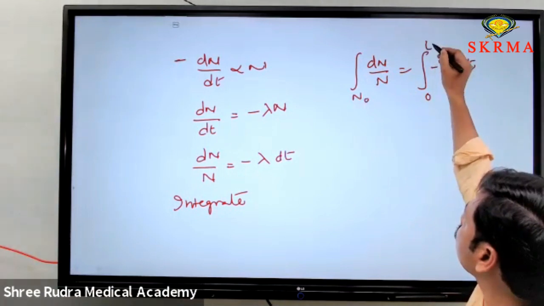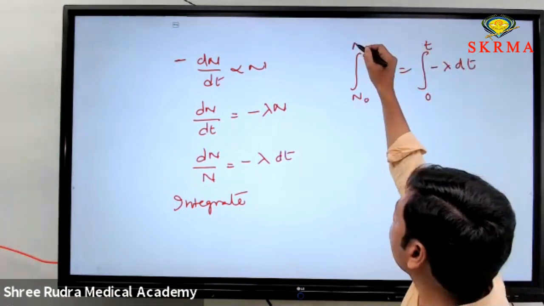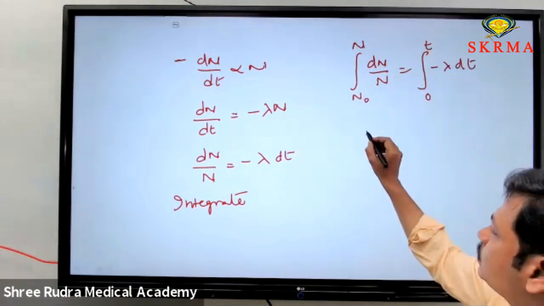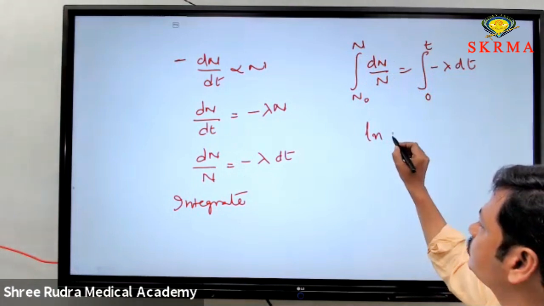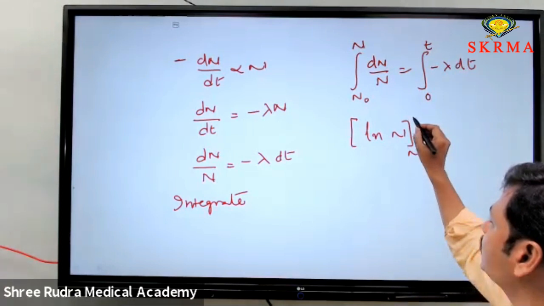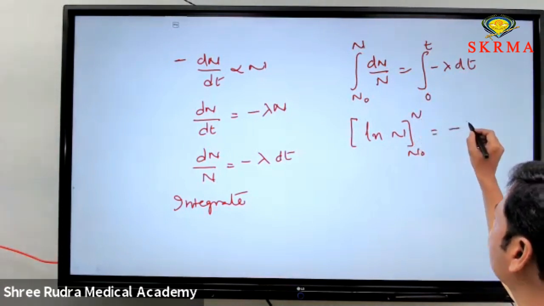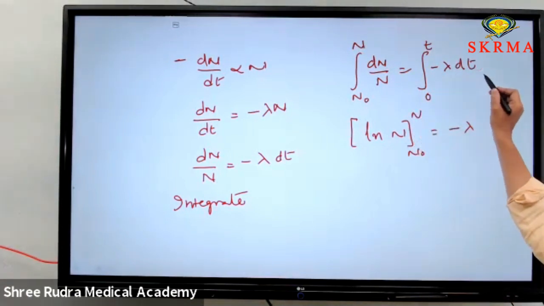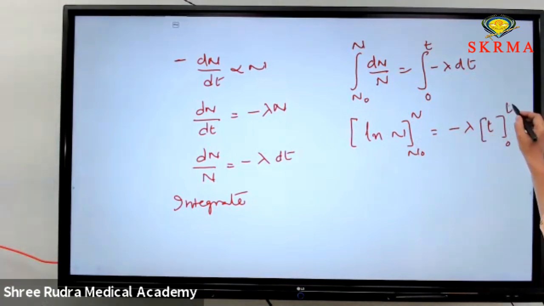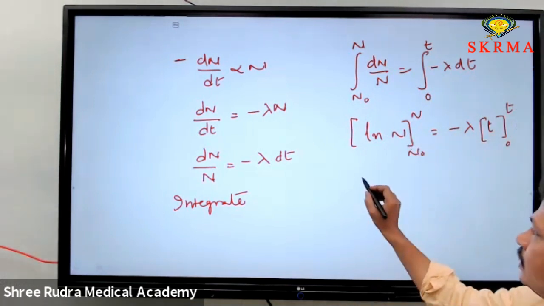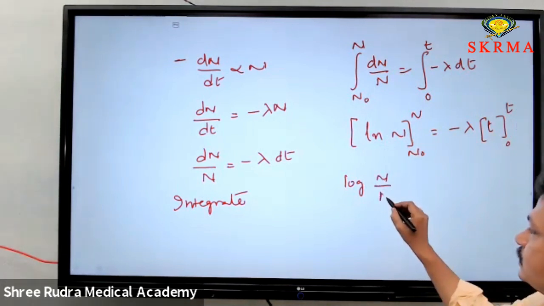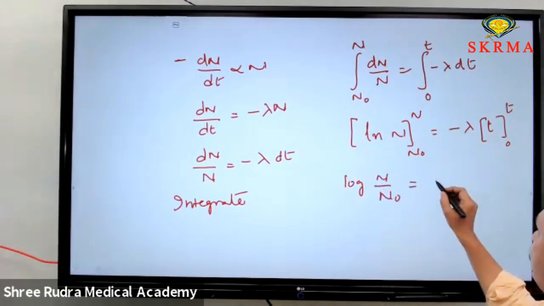At the time t equals t, the number of nuclei is N. The integral of dN by N is log N, with limits N naught to N, and that equals minus lambda times the integral of dt, which is t, with limits 0 to t. So we get log N by N naught equals minus lambda t.